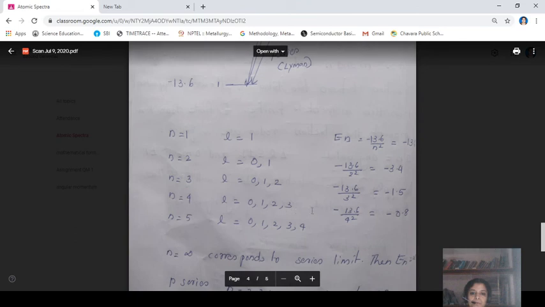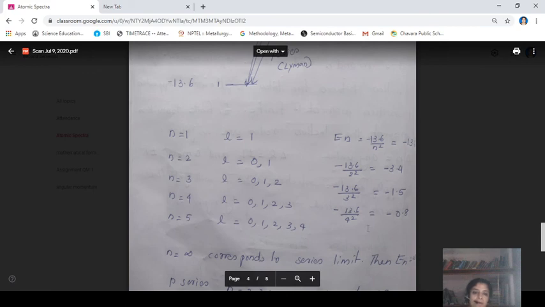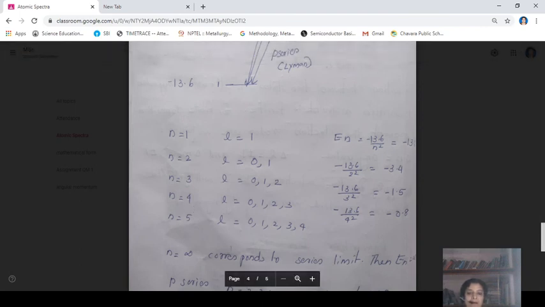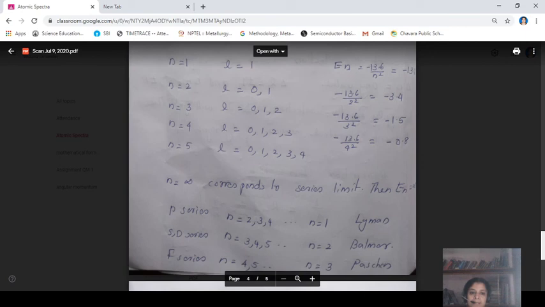Then n equal to 4, the values are like this. n equal to 5, the values are 0, 1, 2, 3, 4, and the energy value is -0.8. So remember, for a given value of n, L will have n minus 1 values starting from 0. Now n equal to infinity actually corresponds to the series limit.